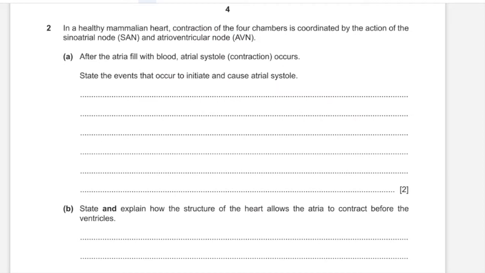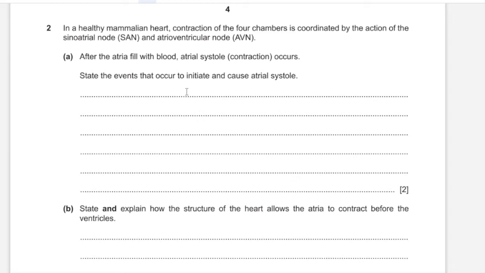Question 2. In a healthy mammalian heart, contraction of the four chambers is coordinated by the action of the sinoatrial node and the atrioventricular node. A. After the atria fill with blood, atrial systole occurs. State the events that initiate and cause atrial systole.